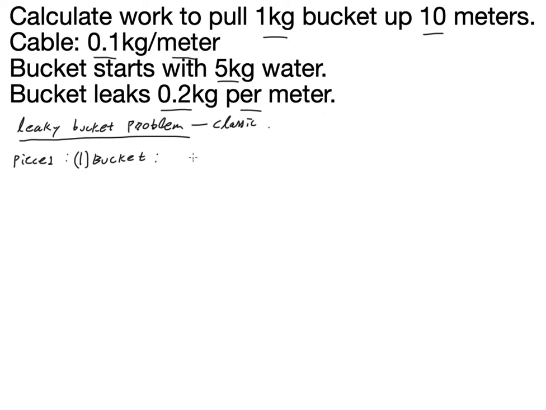The bucket itself, again, is 1 kilogram. So the force on the bucket is going to be 1 times g, otherwise known as just g. And of course, the work on the bucket is going to be the integral from 0 all the way to 10, because we're only going 10 meters now, of g dy, otherwise known as g times 10.